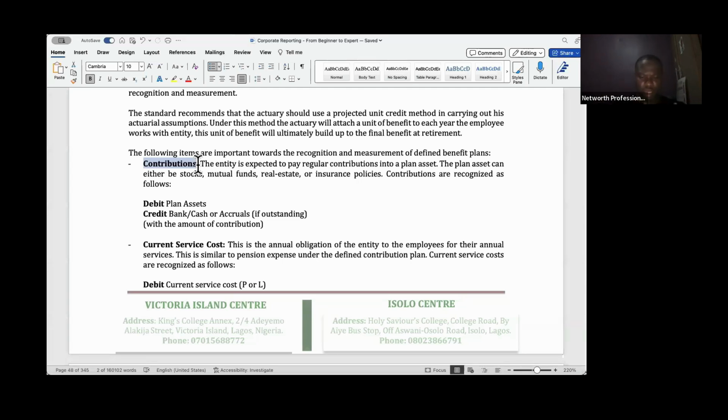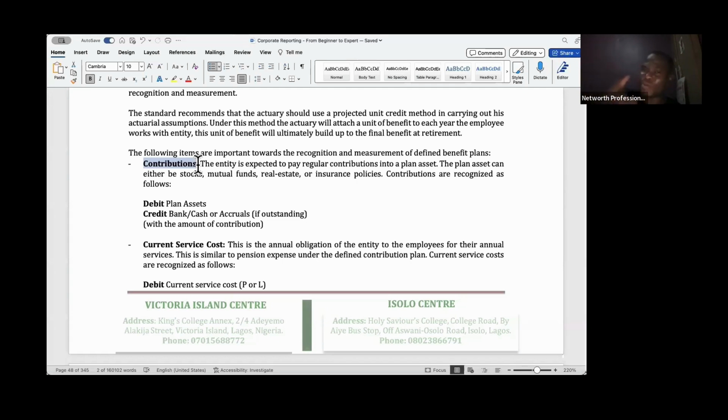Because with a defined benefit plan, you find that it's the employer that manages that money, that contribution, themselves. They would either say, okay, we want to be keeping this money in insurance policies or maybe in real estate, or they are managing it. Unlike the one that is obtainable in Nigeria majorly, where the employer just pays to your PFA. So it's not your employer that is managing the money, it's the PFA.